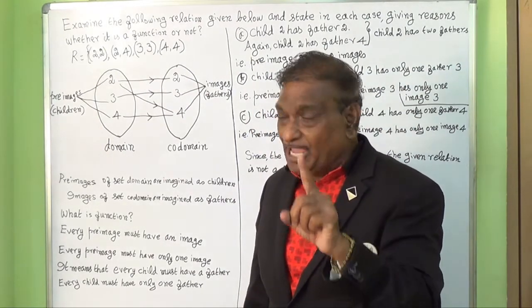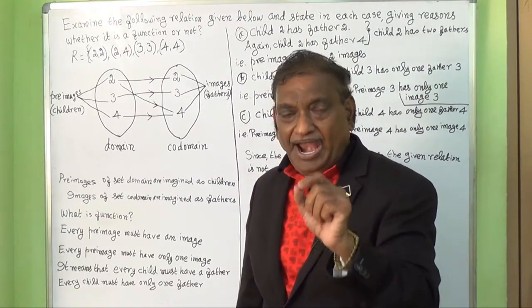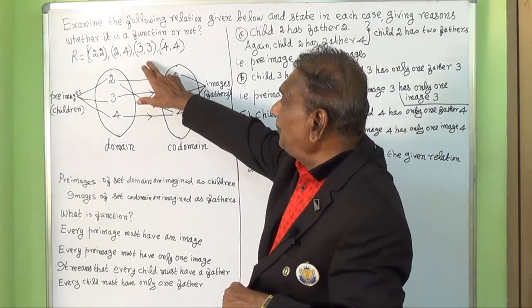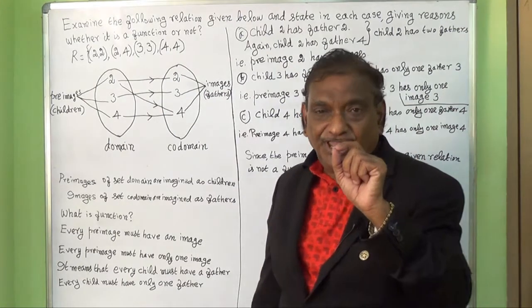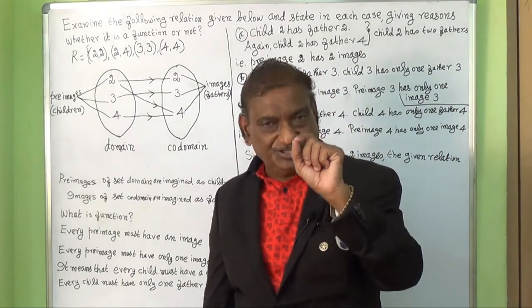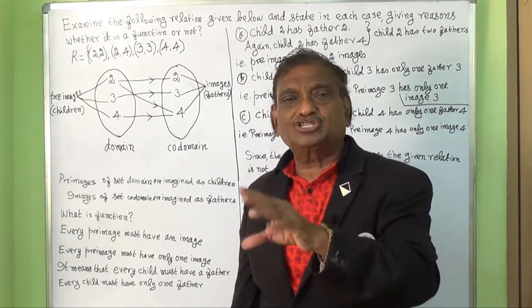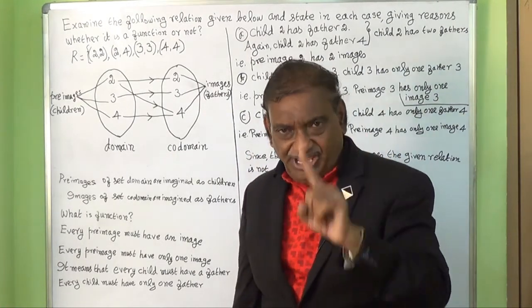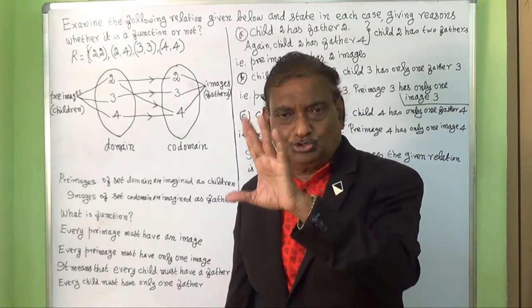That is, the pre-image is 2 and the image is 4. In the case of the third ordered pair 3, 3, the first element is 3, the second element is also 3. That is, the pre-image is 3 and the image is also 3.